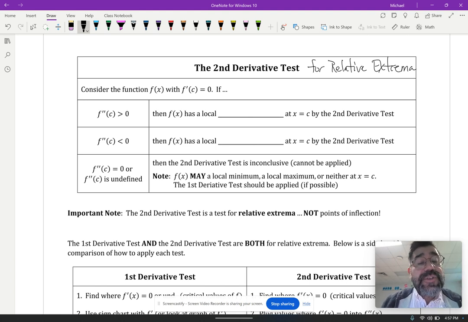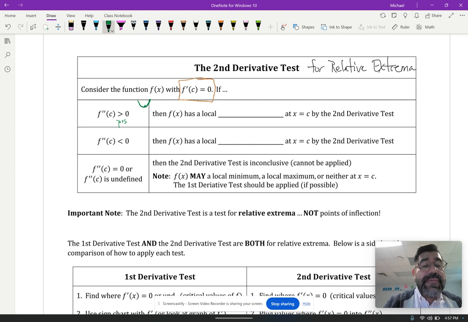So consider a function where f prime of c is equal to 0. So we have to start with a critical point. If I know that c is a critical point, then if the second derivative is positive, that means it's concave up.